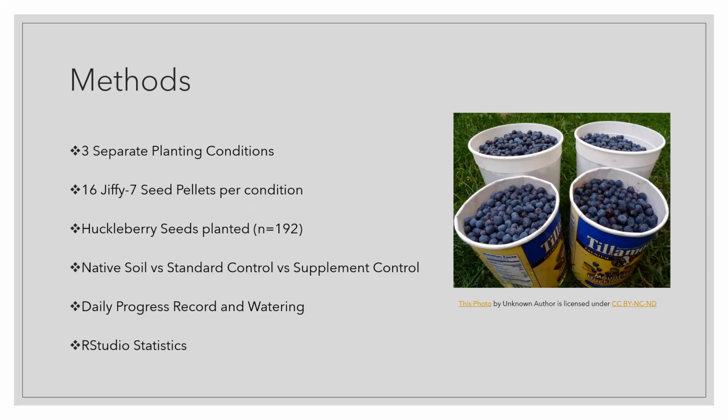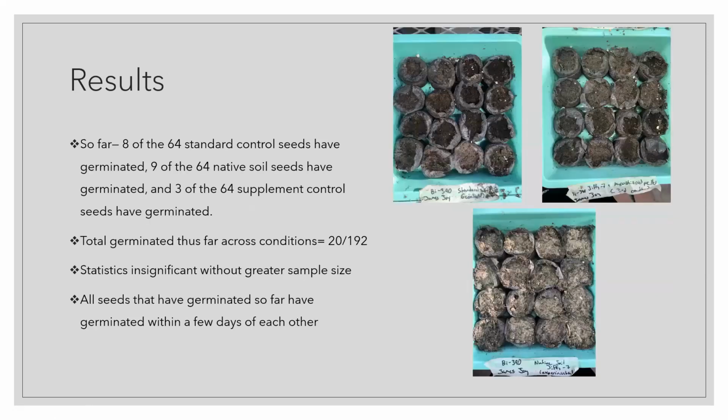And then we did all the statistics in our studio, which you helped me with because I couldn't remember half of statistics class. And I couldn't remember a quarter. As of the results at that time, we had 8 of the standard control seeds germinated out of the 64, 9 of the native, and 3 of the mycorrhizal generic supplement seeds.